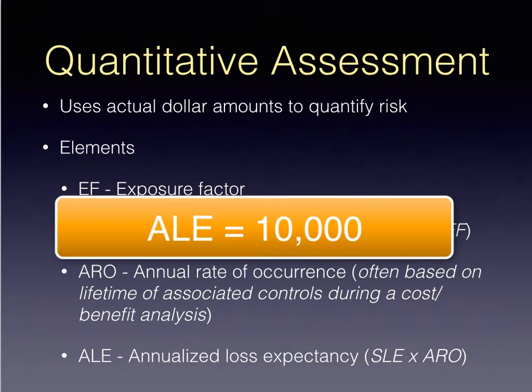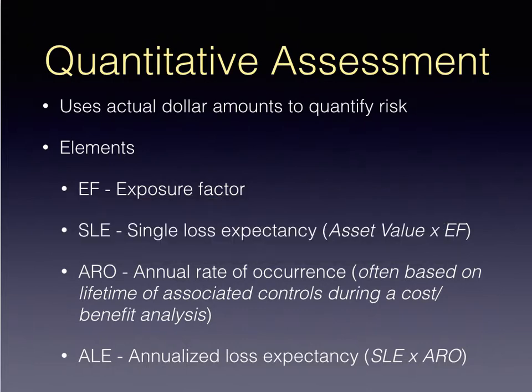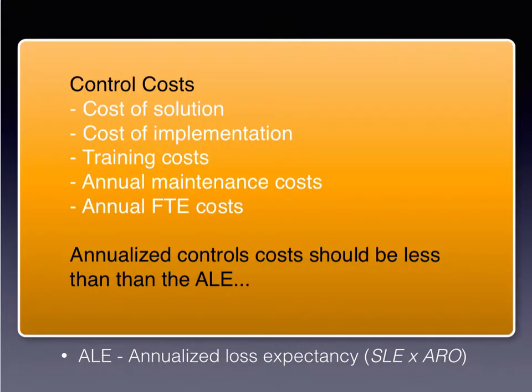If we need to implement new controls to prevent that loss, the controls should cost less than the annualized loss expectancy. And the cost of a control includes the purchase of the control, the implementation costs of the control, as well as the annual management of the control, annualized over the life of the control.